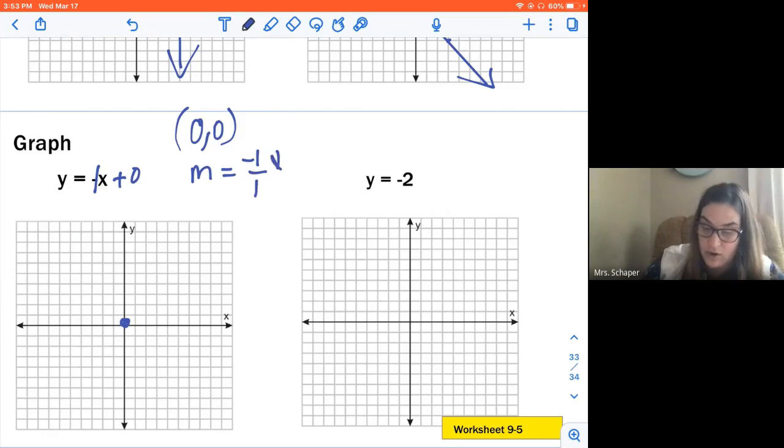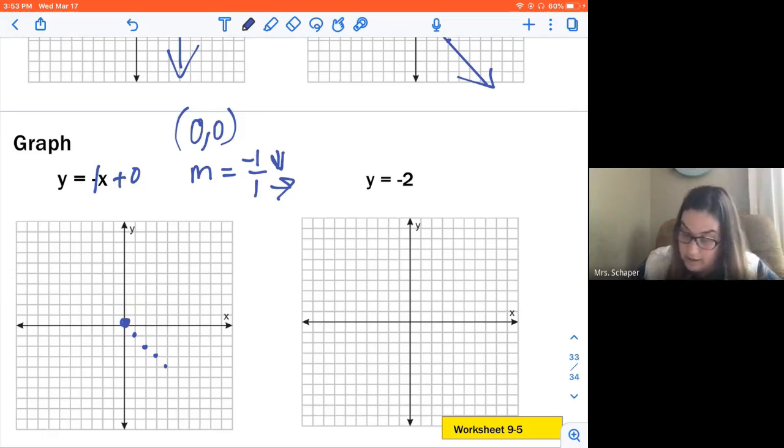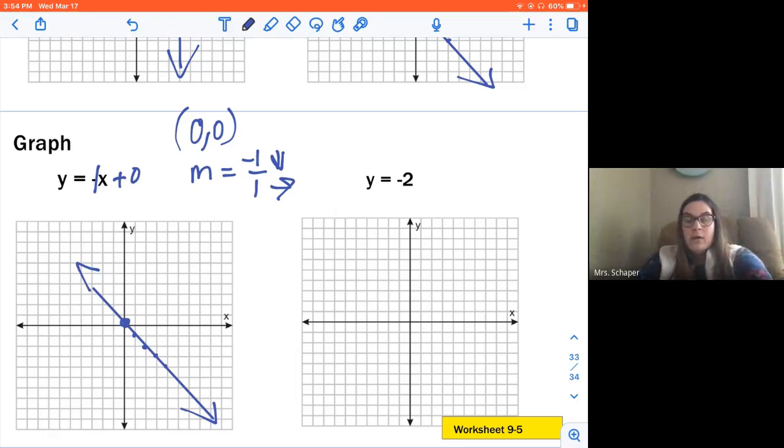That means I go down 1 to the right 1, just like on the previous one. See if I can get it right this time. Down 1 to the right 1, down 1 to the right 1, down 1 to the right 1. And here it is, my graph.